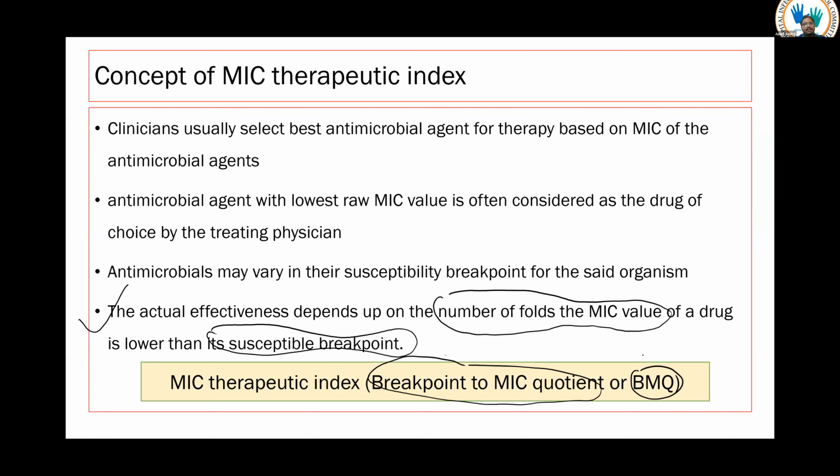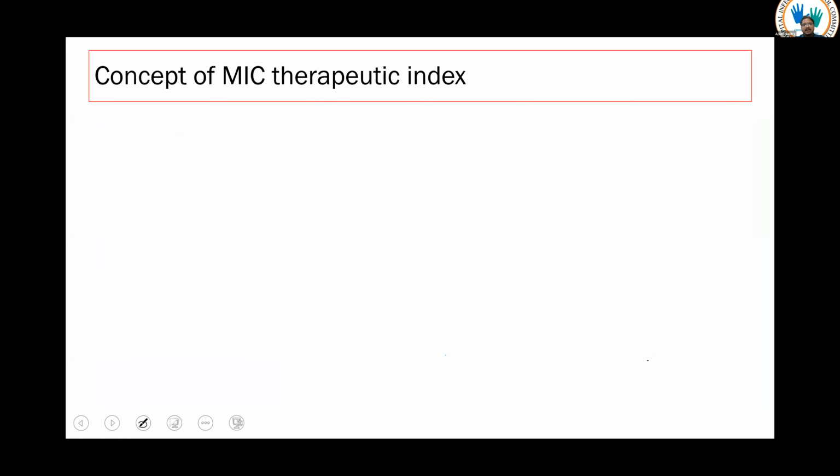It can be termed by both names, breakpoint to MIC quotient or MIC therapeutic index. It must be kept in mind that this therapeutic index is completely different and not at all related to the drug therapeutic index. That's why it's better to use the term MIC therapeutic index than the term therapeutic index directly. So it should be clear that it is the therapeutic index related to the MIC of susceptibility.